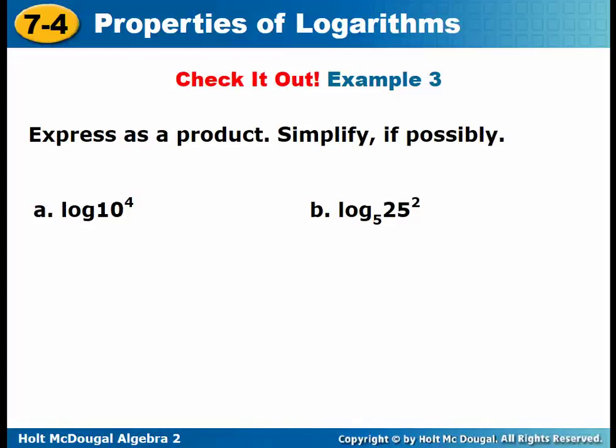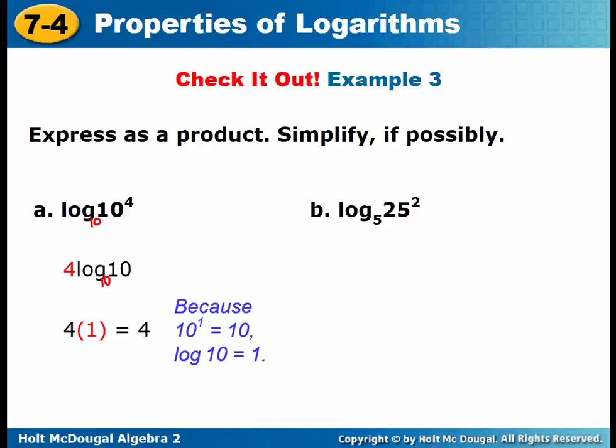Okay, let's see if we can simplify these. In A, you would multiply 4 times log of 10. Now this, remember, is called the common log when you don't have any base listed, it's a base of 10. And the log base 10 of 10 is 1.